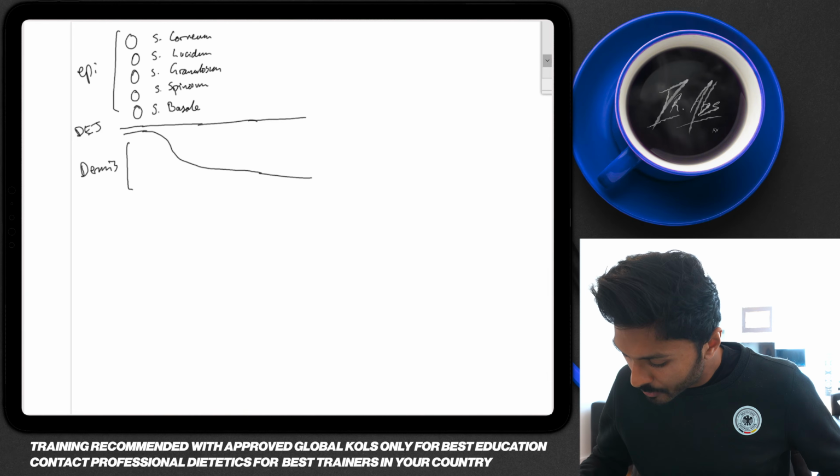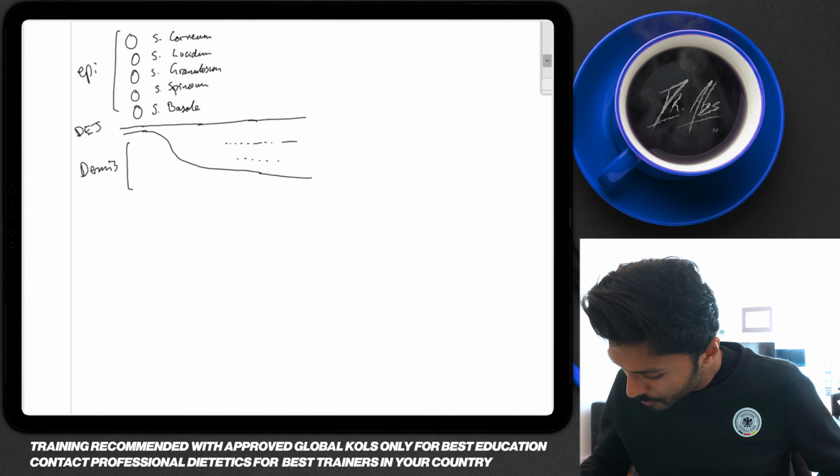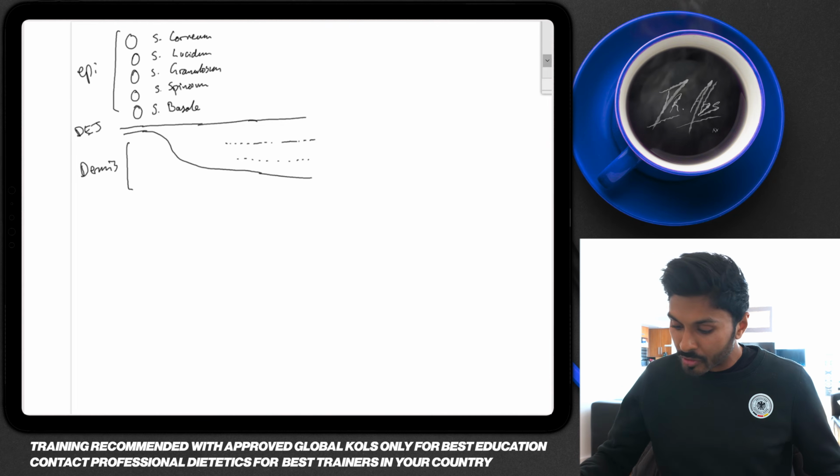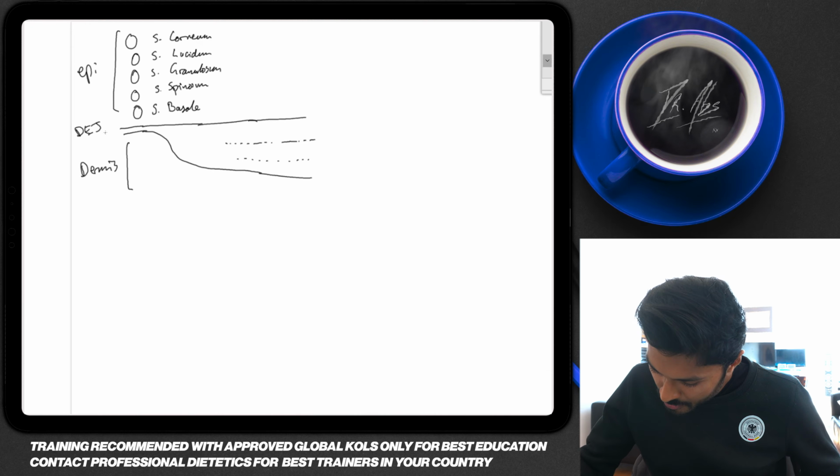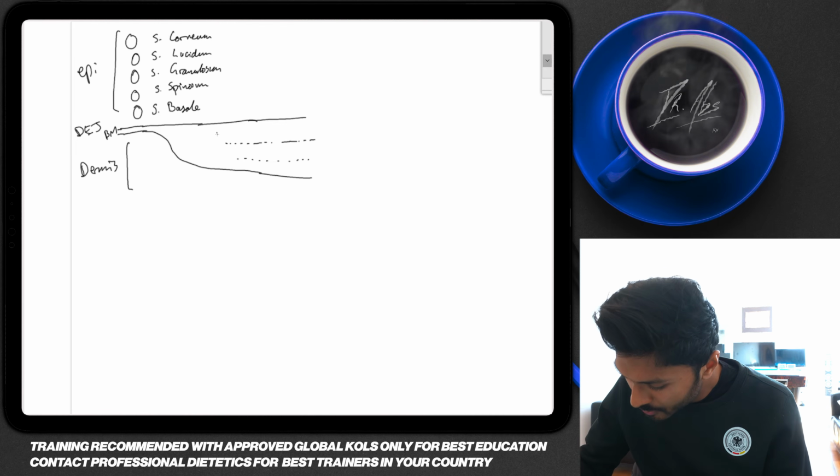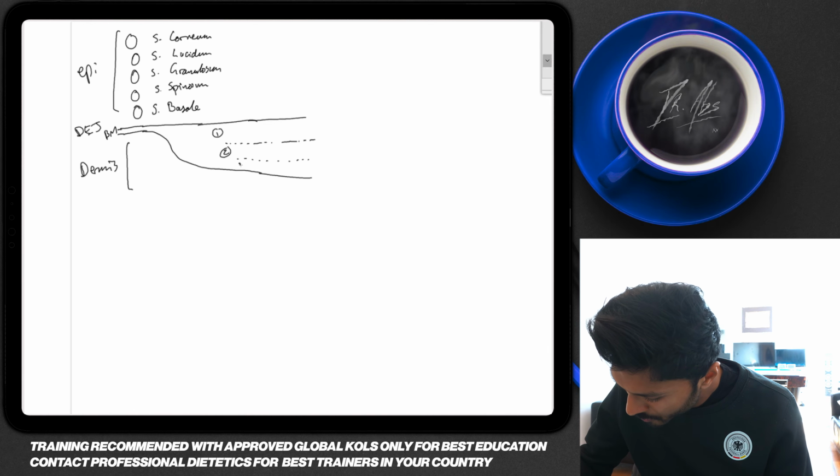So there are 3 layers in the basement membrane, which is this entire thing, okay? Basement membrane, all there. Now, these 3 layers, 1, 2, 3. The first 2 make up the basal lamina, okay?